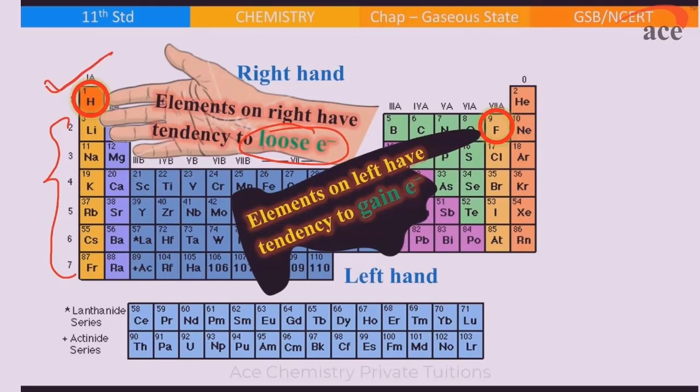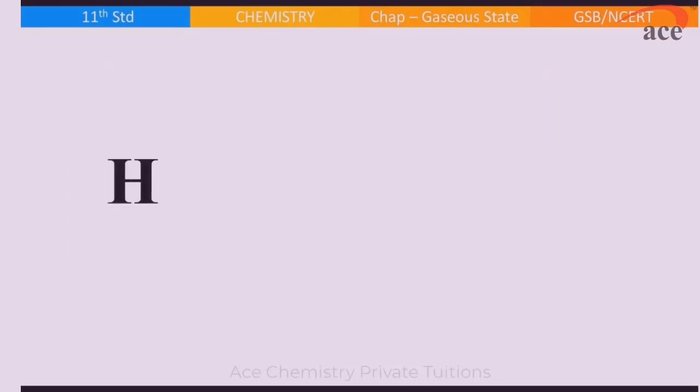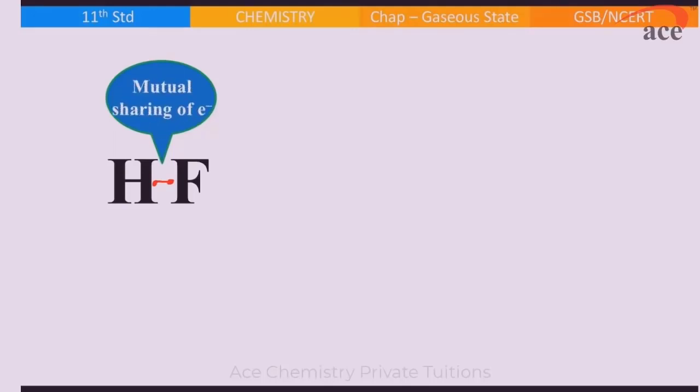So hydrogen has a tendency to be electropositive and fluorine has a tendency to be electronegative. If you combine these two, what will happen? There is a covalent bond between H and F. One electron of hydrogen and one electron of fluorine is getting shared.